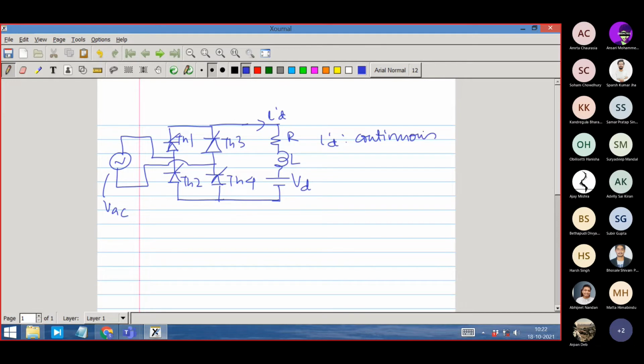Mostly we have dealt with the continuous situation because it is somewhat easy. If the current is continuous, I can clearly define the Vrect waveform, because I know that all the time either TH1 and TH4 are conducting or TH3 and TH2 are conducting. So the AC voltage is rectified and coming to the DC side.